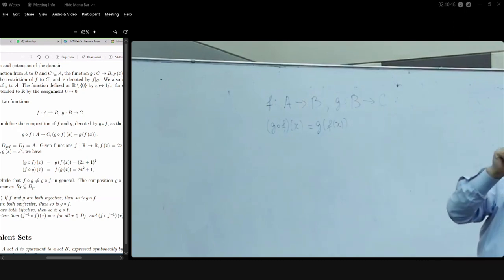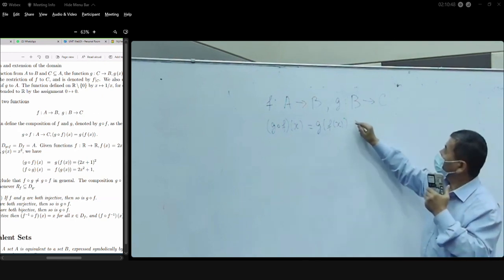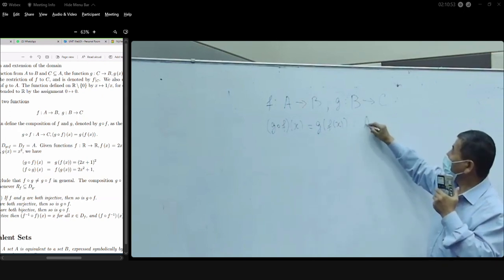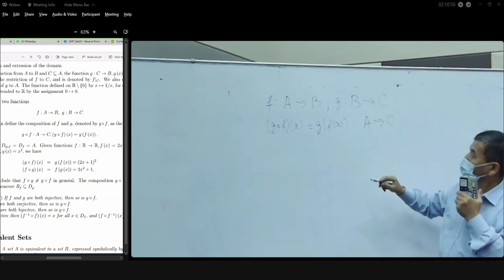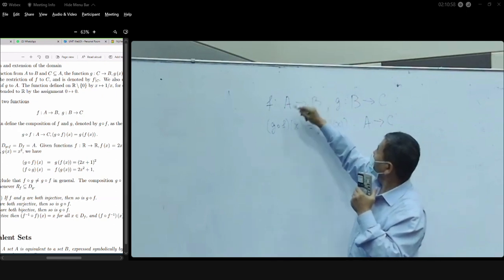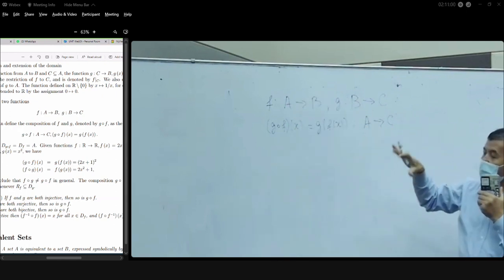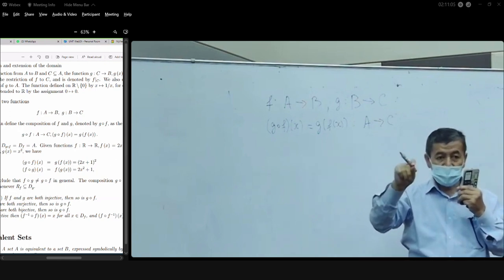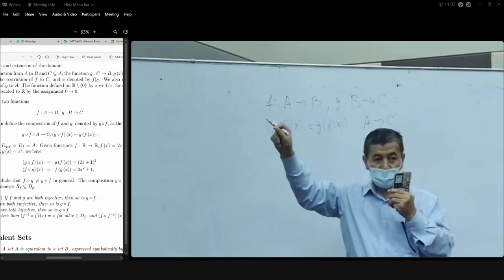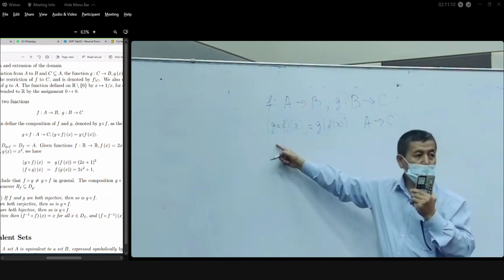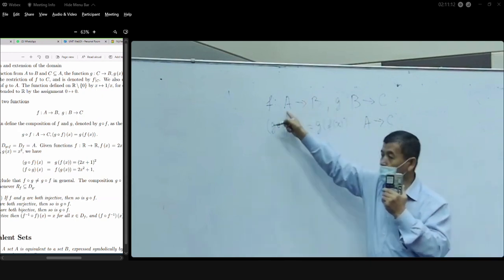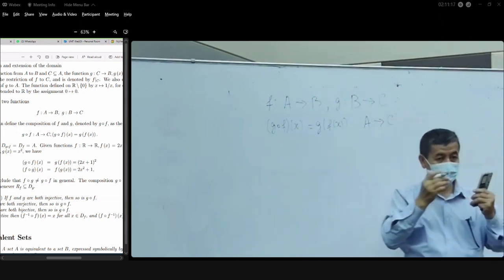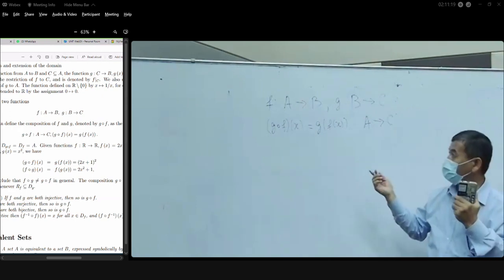A to C. This g function maps A to C. Look, f maps A to B, and g maps from B to C. So this composition function maps from the original A to C. Okay, that is the difference from an ordinary function.